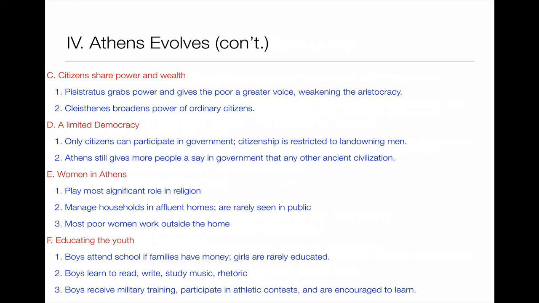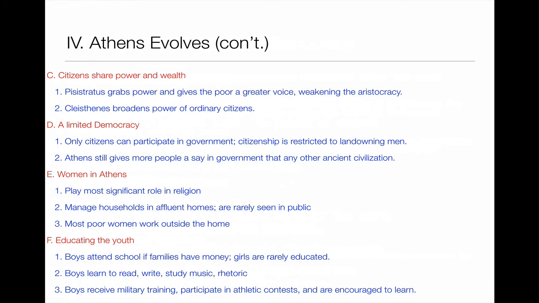Their most significant role was in religion, when they would take part in sacred processions and ceremonies, and they're considered essential for the well-being of the city, especially since Athens is named after Athena. So women were held more sacred in the area of religion than in any other place.